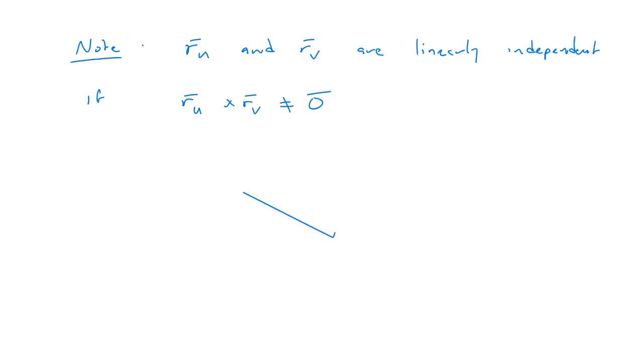So let me do one example where you could have a problem that is mostly regular but not quite. And that's z equals the square root of x squared plus y squared. So that's the top half of a cone.